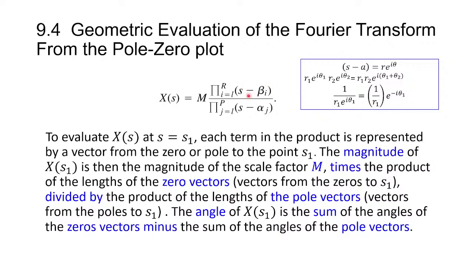So if you express all those monomial terms in the polar form, then you can basically read immediately the magnitude and the angle of the total complex number. So the total magnitude is going to be all the r on the upper side divided by all the r on the lower side, and the theta is going to be the sum of all the theta on the upper side minus all the theta on the lower side.